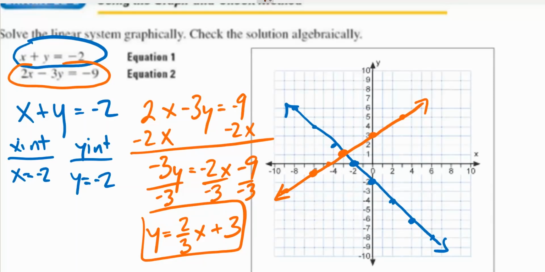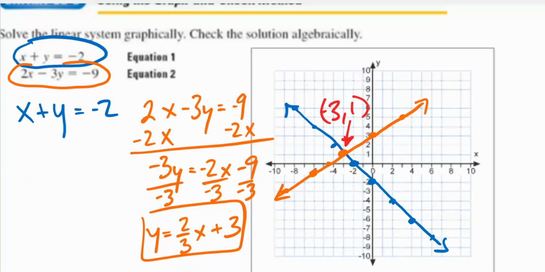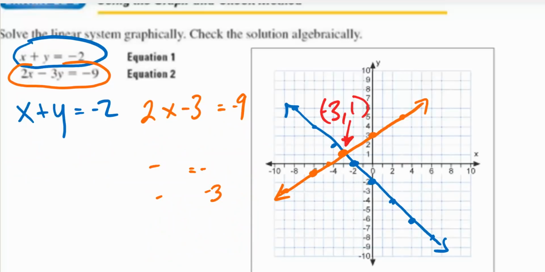And now we just proved that our point of intersection right there is negative 3, 1. And so now to check ourselves, we'd substitute those values back into our original equation. So here was our original equation. Oops, I erased a y. I better put that back in there.